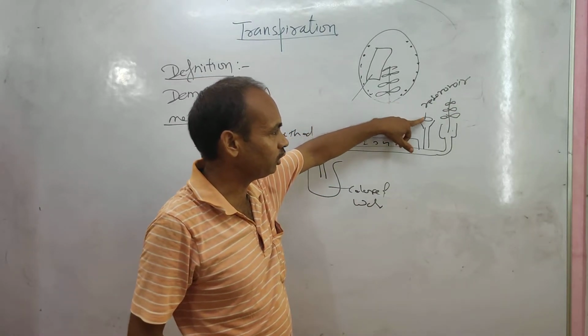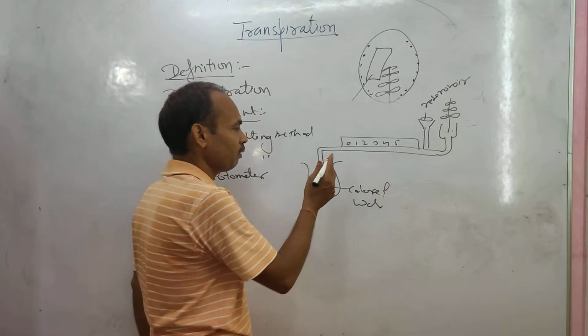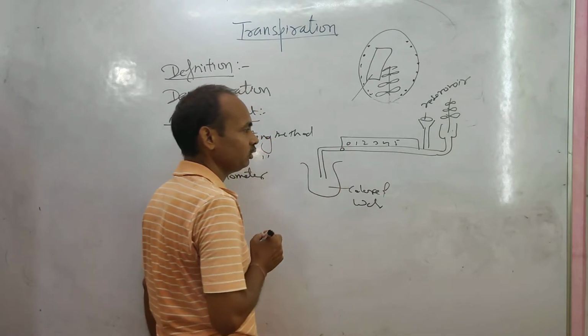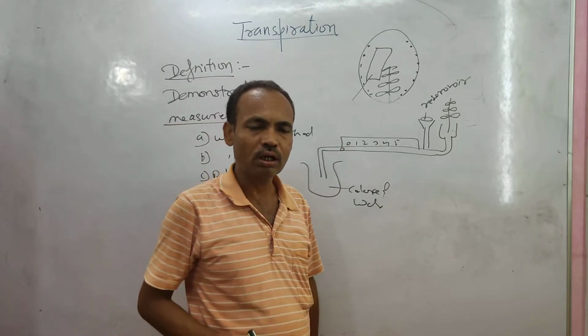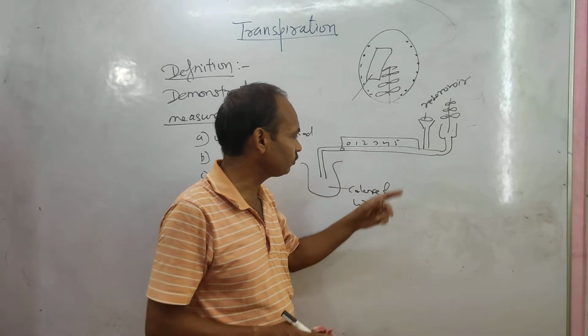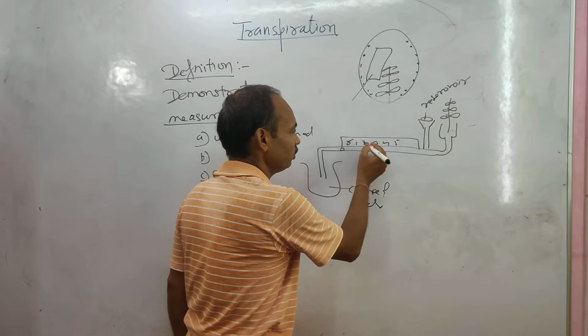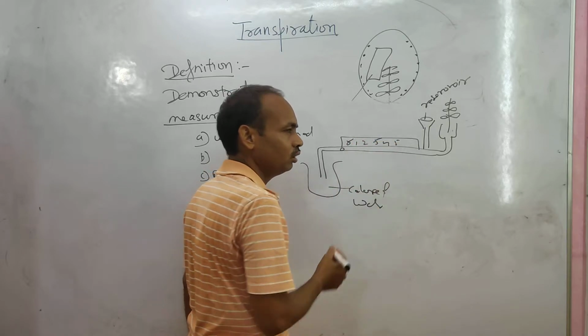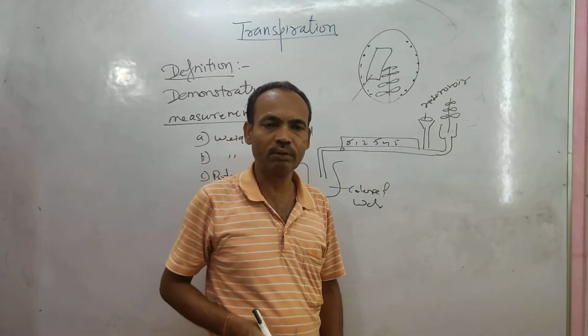After pouring the water into the reservoir, create a bubble at the 0 point, and after half an hour measure how far the bubble has moved from its position, and this is the rate of transpiration.